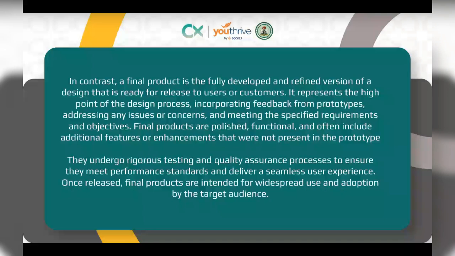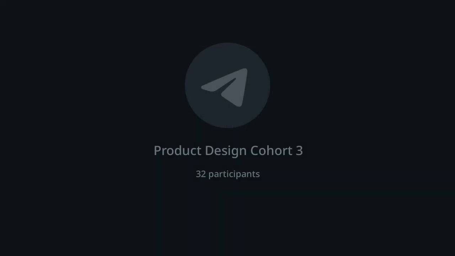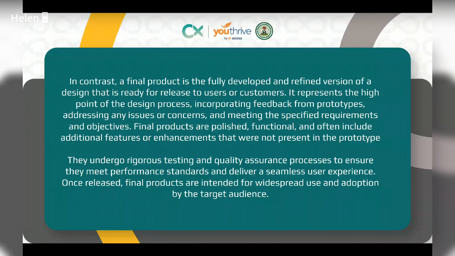Now, a final product is a fully developed and refined version of a design that is ready for release to users or customers. It represents the high point of the design process, incorporating feedback from the prototype, addressing any issues or concerns, and meeting the specific requirements and objectives.